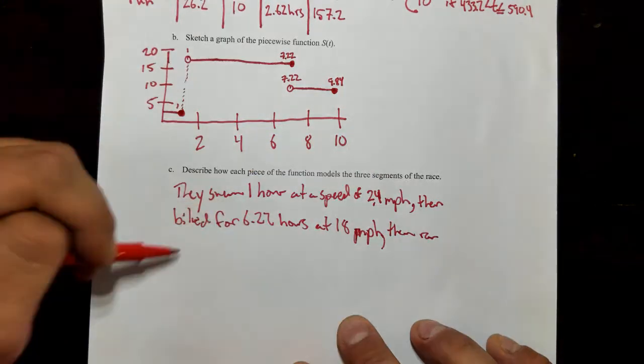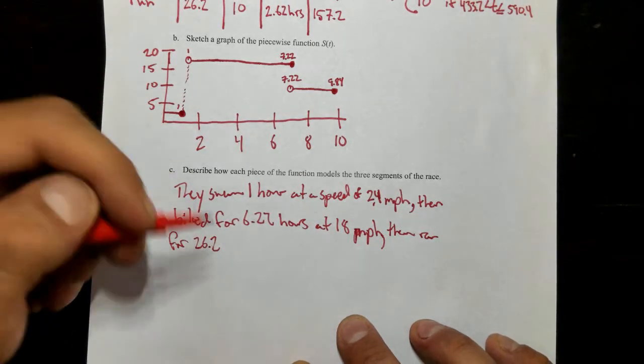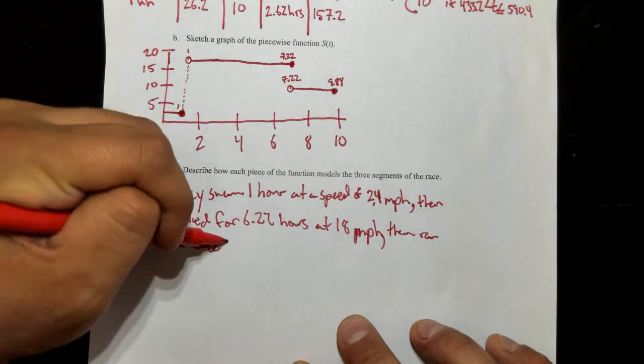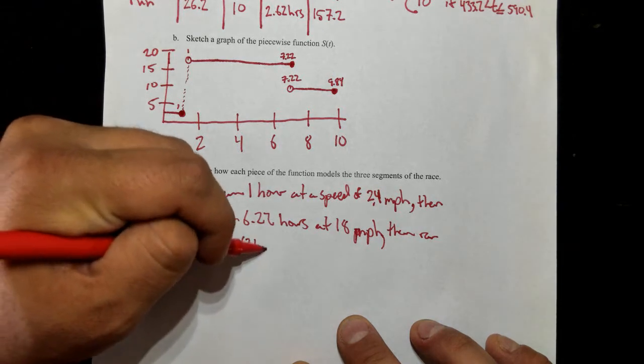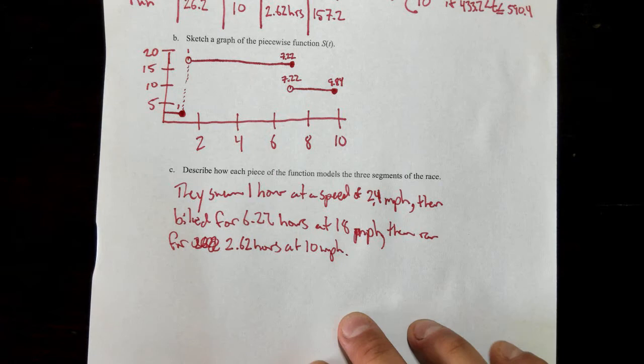Then ran for 2.62 hours at 10 miles per hour. Just like that. All right, let's move on to the next page.